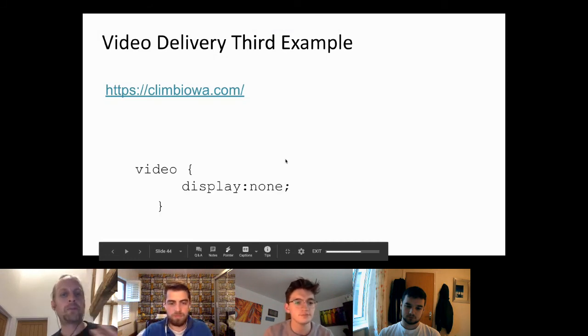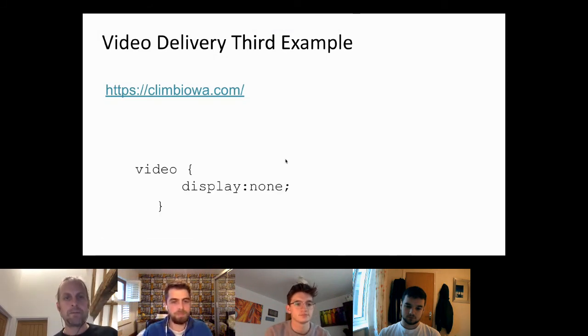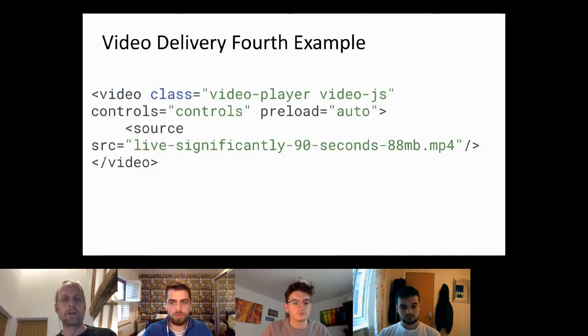All right, so display none. Again, it's still going to download, so you should not download it if you're not going to show it on the screen. All right, fourth example. We've got a preload attribute, and this one has controls. It says preload equals auto. And what that's saying is download the whole video no matter what.